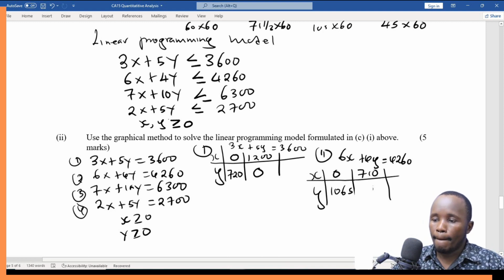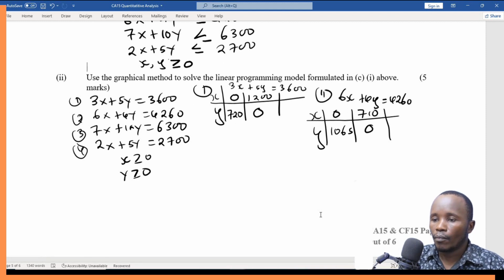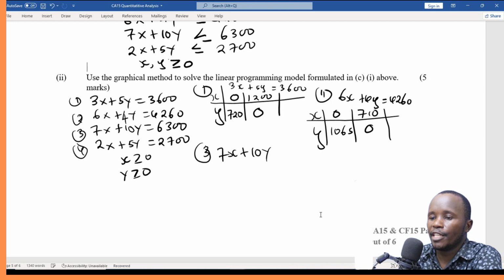Number 3, we shall have 7x plus 10y is equals to 6,300.